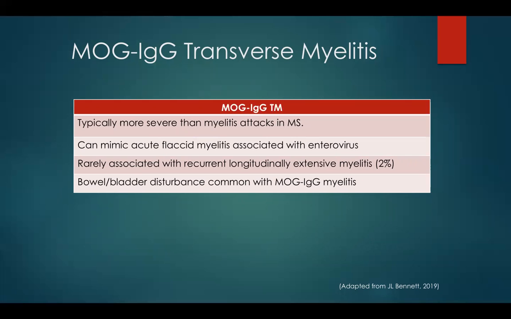I definitely have seen it before, so if you are seeing someone with longitudinally extensive myelitis, you should be sending both MOG and aquaporin 4 antibody. Bowel and bladder disturbance are common with MOG myelitis and actually can persist after motor recovery from myelitis.